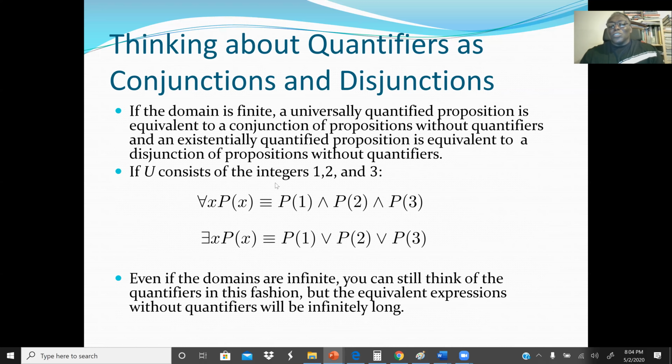So if U consists of integers 1, 2, and 3, here we can say all X P at X is the same as, remember we have only 3. Our universal set is only 3. So all the X are 1, 2, 3. So it's the same as writing P at 1 and P at 2 and P at 3. So these two are equivalent.